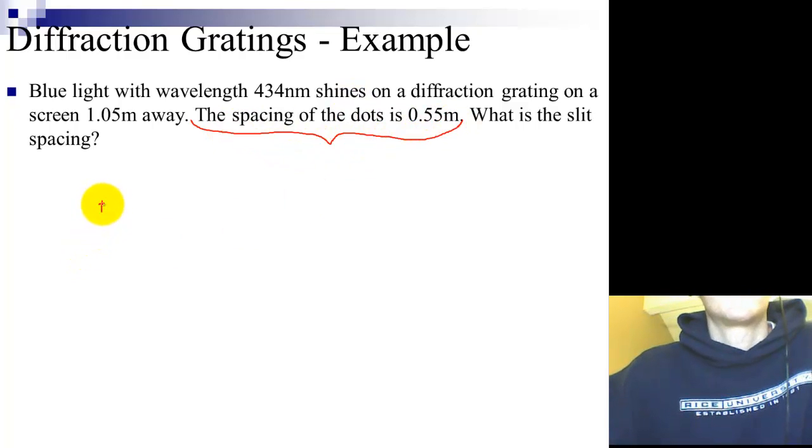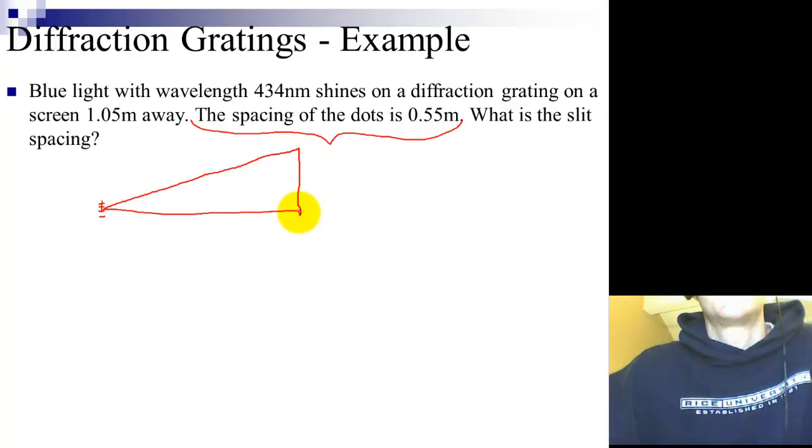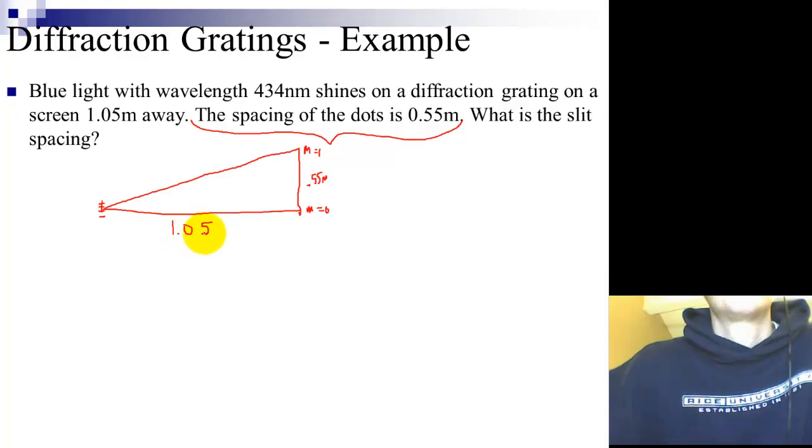So here's our diffraction grating with lots of little spaces, and then here's the spacing of the dots. Let's assume it's to the first one. So this is m equals 1, and this is m equals 0. So the center bright spot and then the first dot is 0.55 meters. The screen is 1.05 meters.